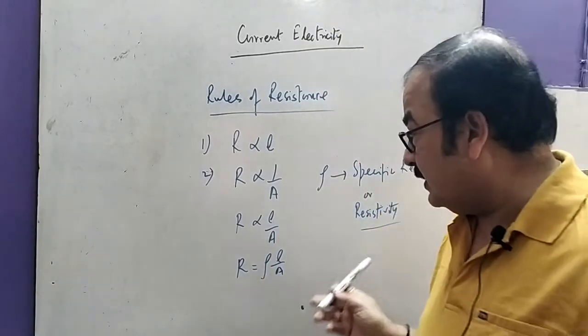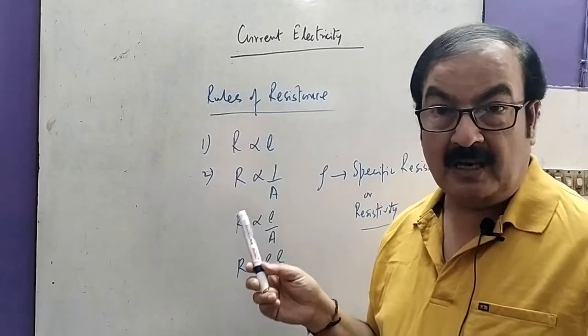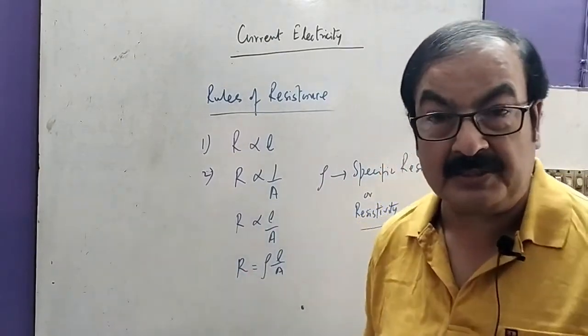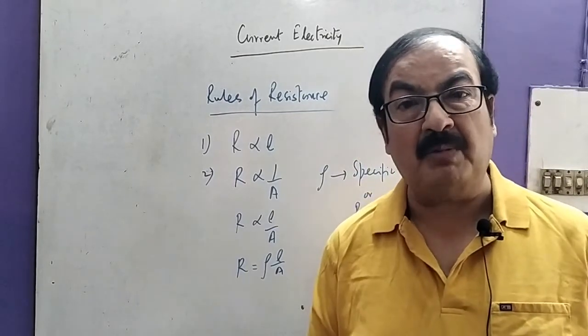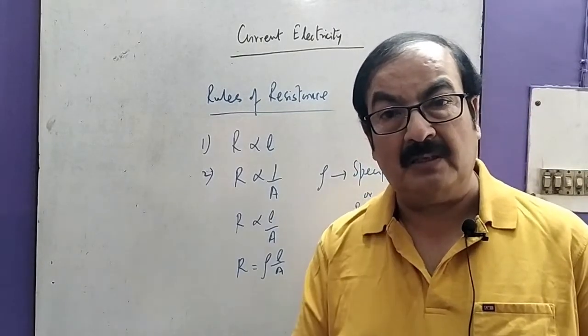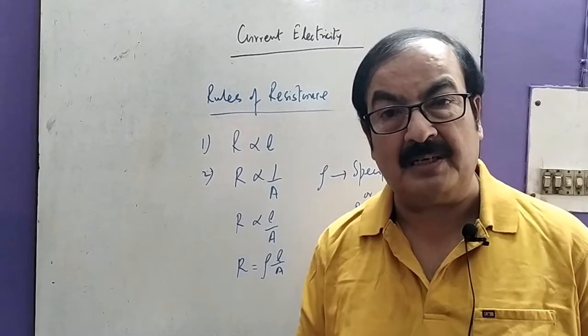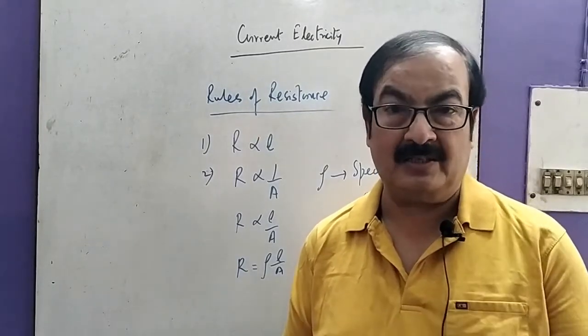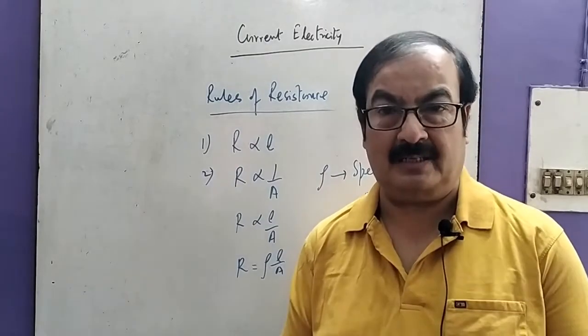And resistivity is very similar to resistance. Resistivity is a property by which it is decided how strongly the flow of current is resisted or opposed in a conductor.